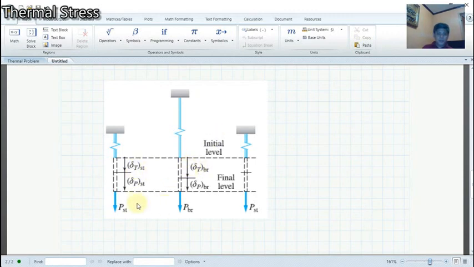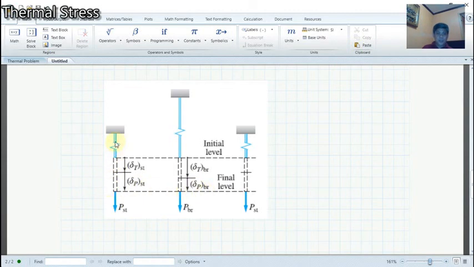At the same time, because the rods are carrying the block weighing 50 kilonewton, they will be subjected to a tensile force that will produce elongation.